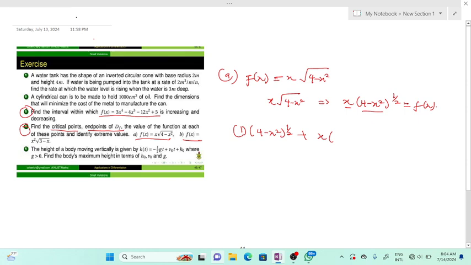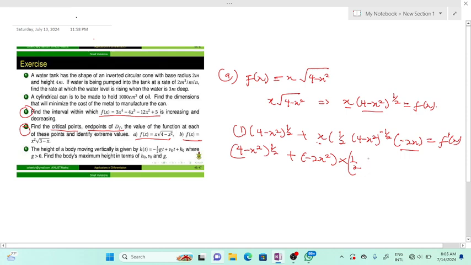And this will be equal to f prime of x. So at this point, I'll simply have 4 minus x squared to the power half plus, let's see, this is negative 2x, right? I'll multiply that by this and I'll have negative 2x squared. Then I'll handle what is inside, that is half multiplying 4 minus x squared to the negative half.